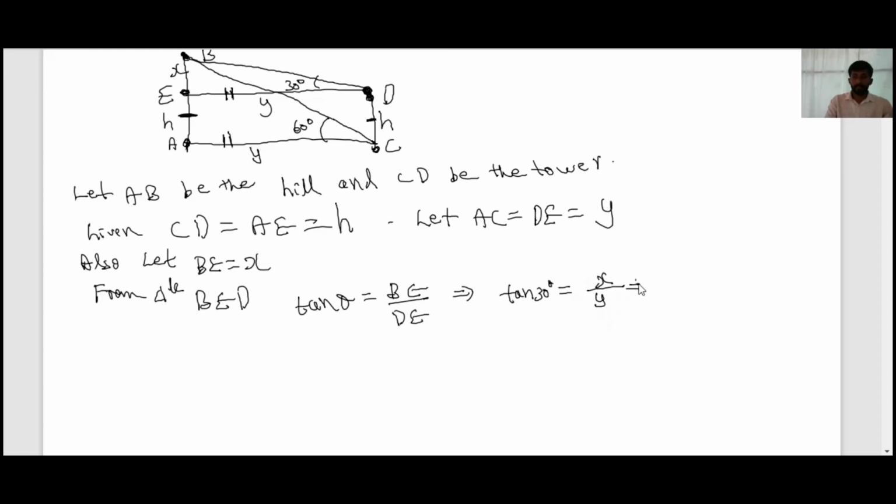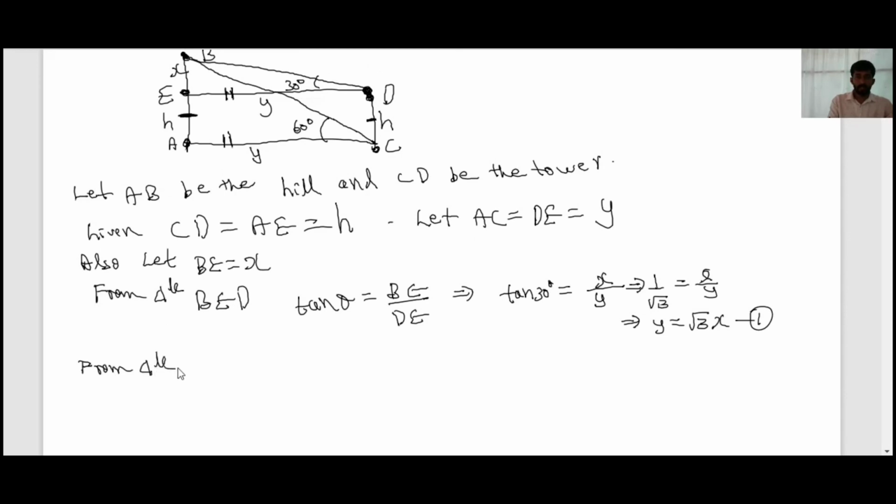What is tan 30 degree? Tan 30 degree equal to 1 by root 3 is equal to x by y. This implies y is equal to root 3 into x. Take it as equation number 1. Or you can say x is equal to y by root 3. It's the same.